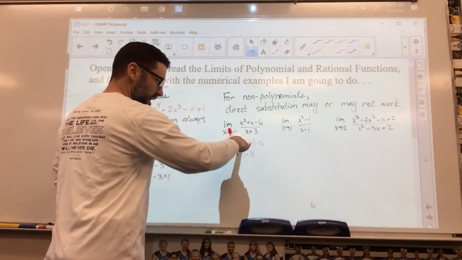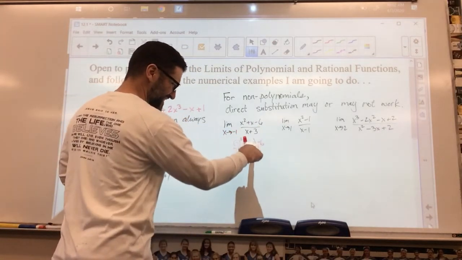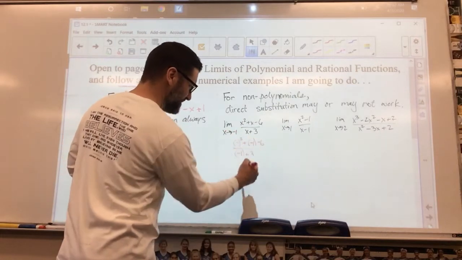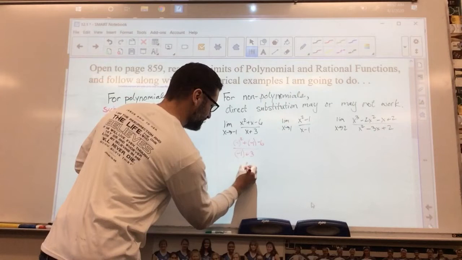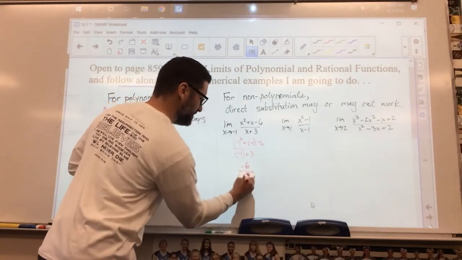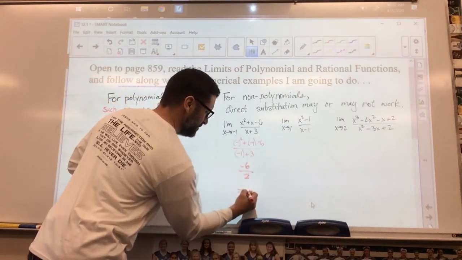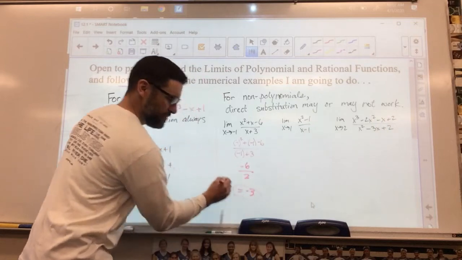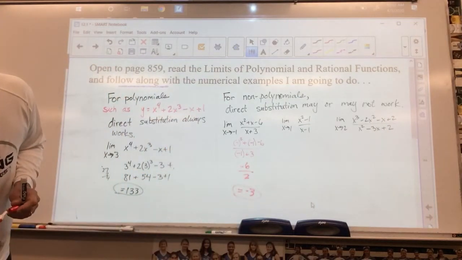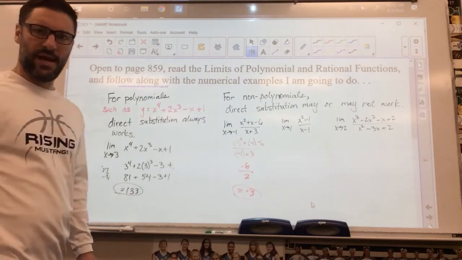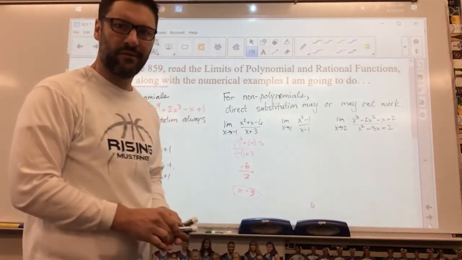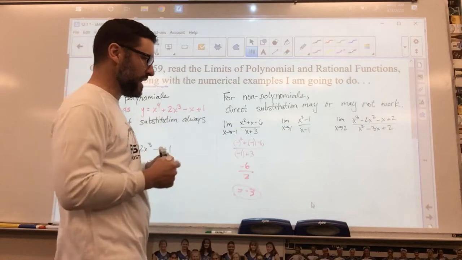That's 1 minus 1 minus 6, which is -6, all over -1 plus 3, which is 2. I got -3 out of that when I plugged it directly in. So there's a case where direct substitution was great. We could plug it in and we got the answer.